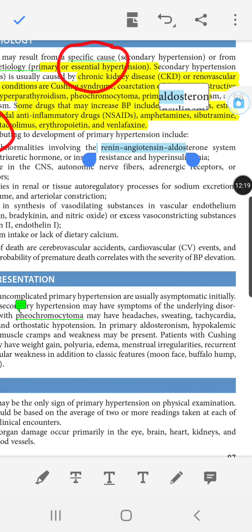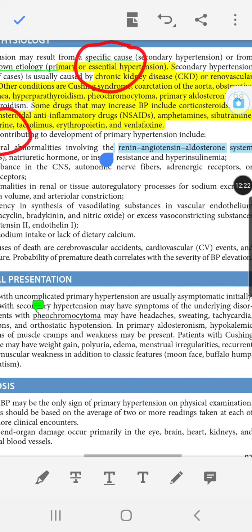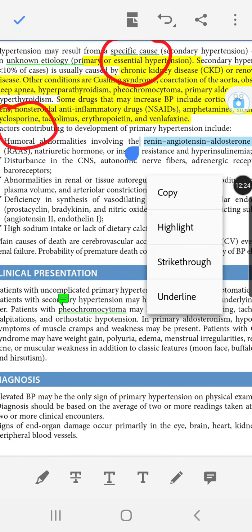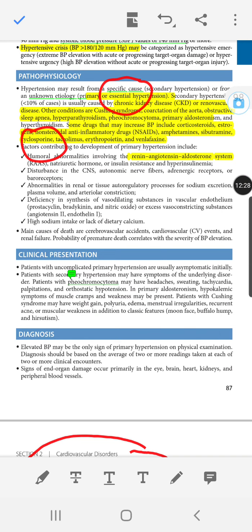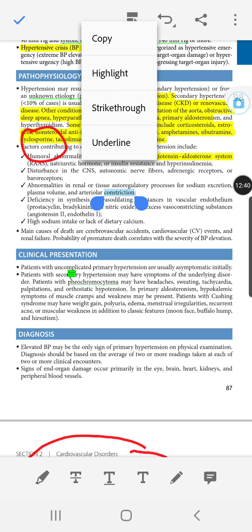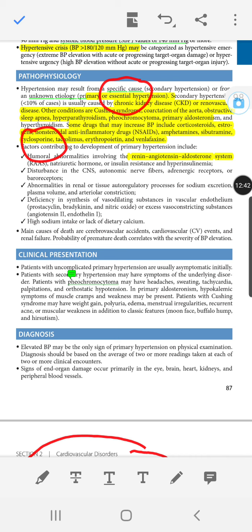So if there is any abnormality in the renin angiotensin aldosterone system, which is RAS, we can call it RAS, natriuretic hormones, and insulin resistance and hyperinsulinemia.